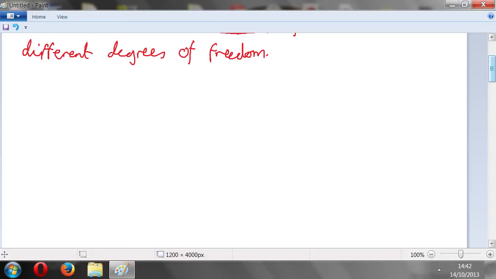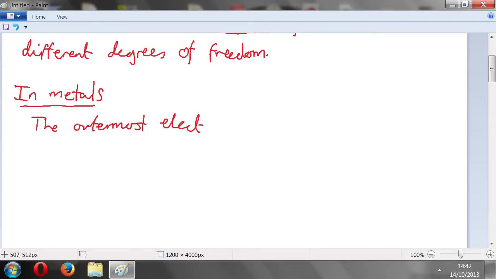So let's look at metals. In metals, the outermost electrons in these atoms are very loosely bound.